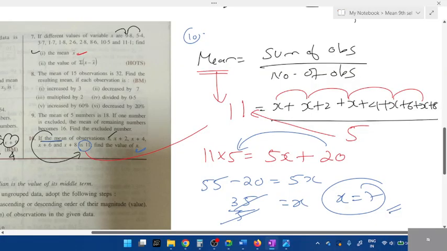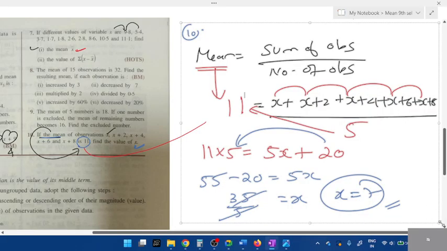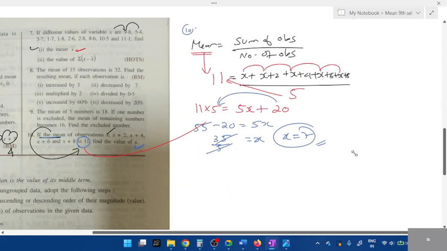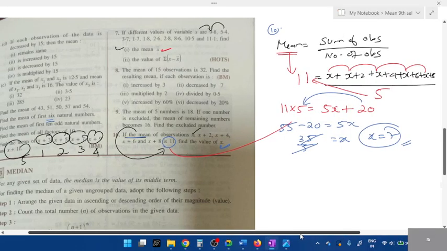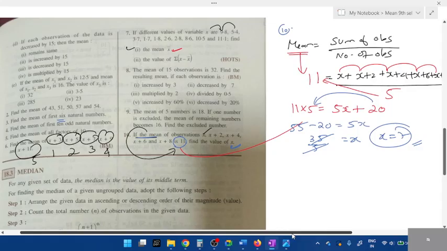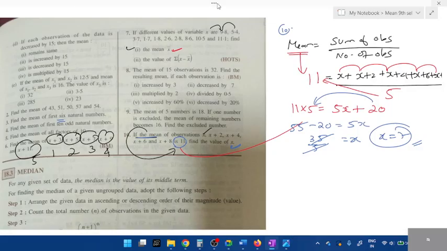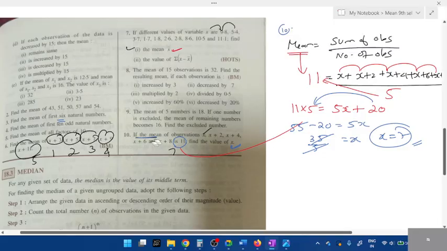Okay, the remaining questions we'll complete tomorrow and start the next exercise. All of you done? Completed? Okay.